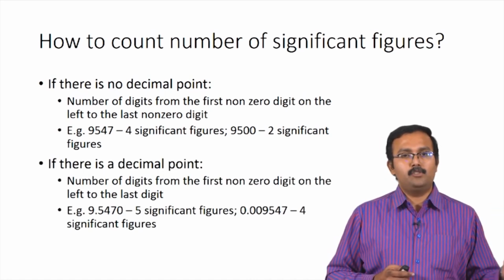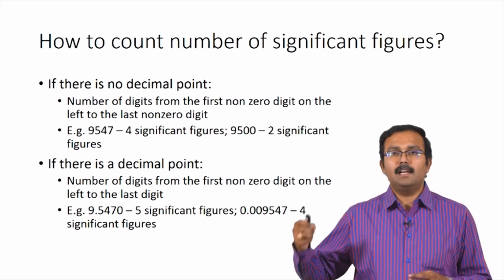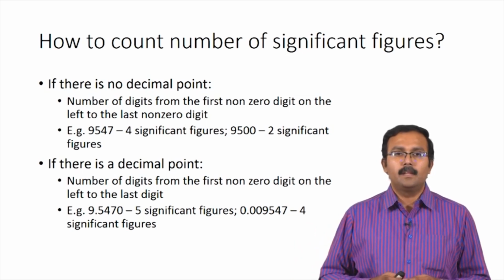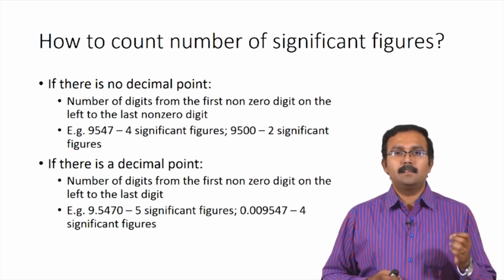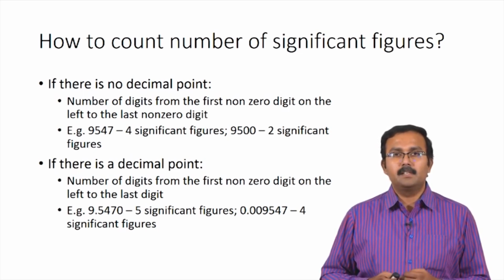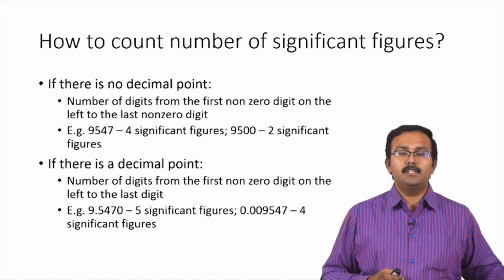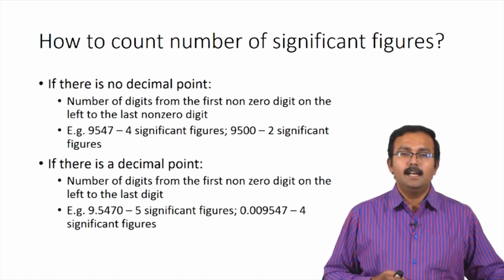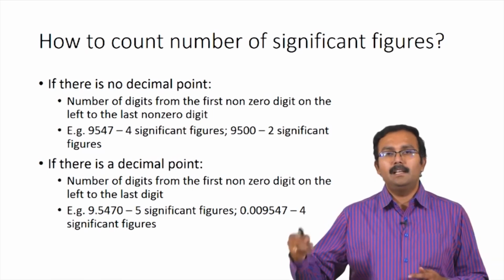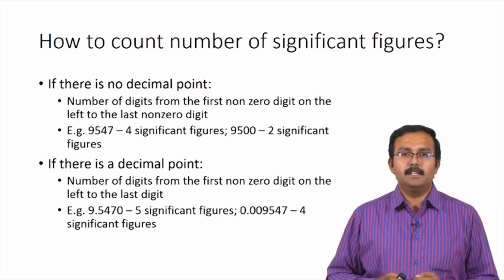If there is a decimal point, then you count the number of digits from the first non-zero digit on the left to the last digit. It does not matter if your last digit is 0 or non-zero. Example given here is 9.5470. This would have 5 significant figures. Because there is a decimal point, I will start from the first non-zero digit on the left, which is 9, and go all the way to the last digit, which is 0. So, that gives me 5 significant figures.